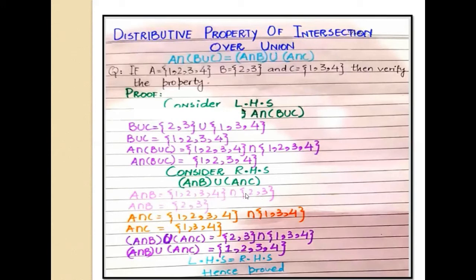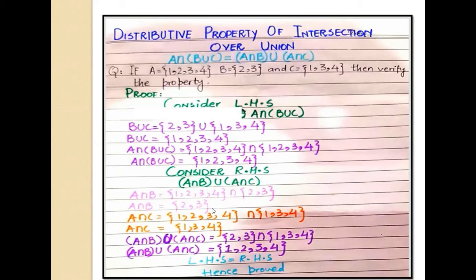And the common elements of these two sets are 2 and 3. Now second bracket, that is A intersection C. So first write the elements of set A, 1, 2, 3, 4, intersection set C that contains elements 1, 3, 4. And the common elements here are 1, 3, 4.